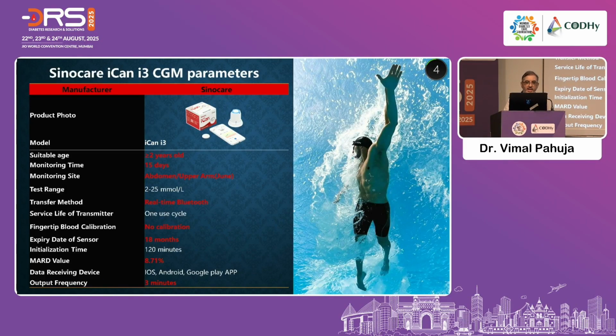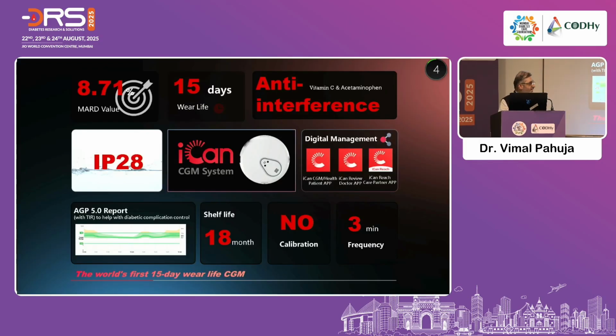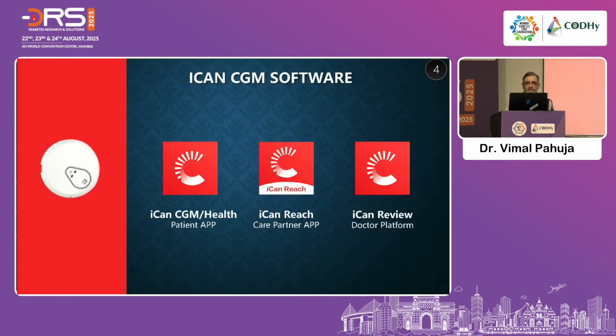Every 3 minutes you get the data. So this is in one glance about this sensor, and no interference from vitamin C or acetaminophen has been seen, right? But you have to have some software to interpret the data and generate the report. So you have IGM Health, i-Can Reach, and i-Can Review.